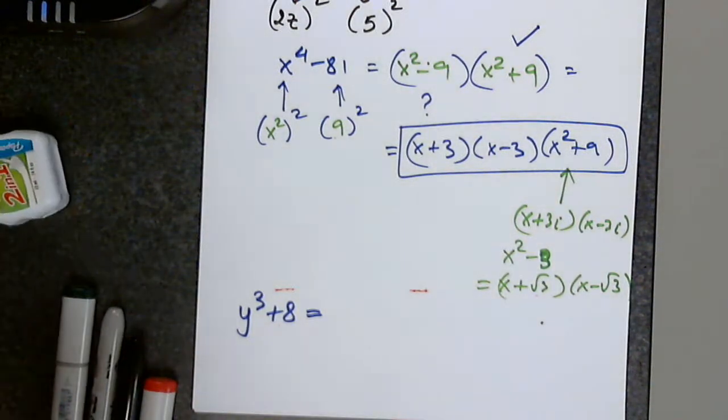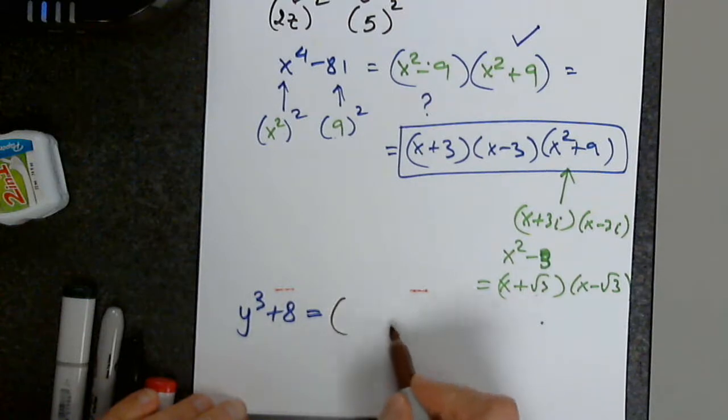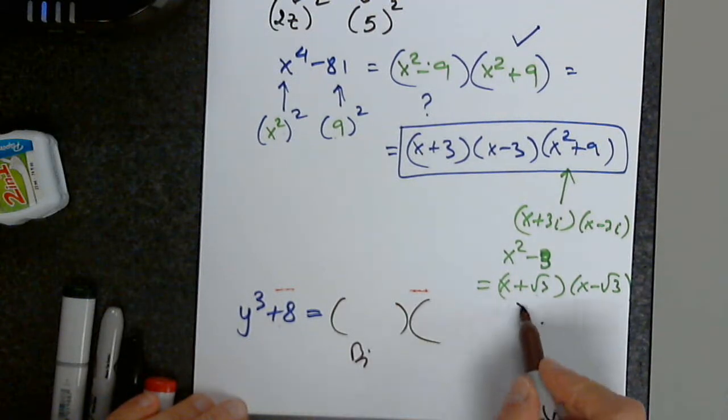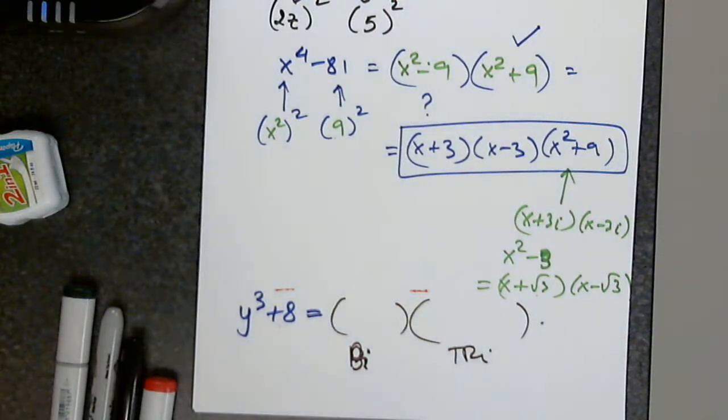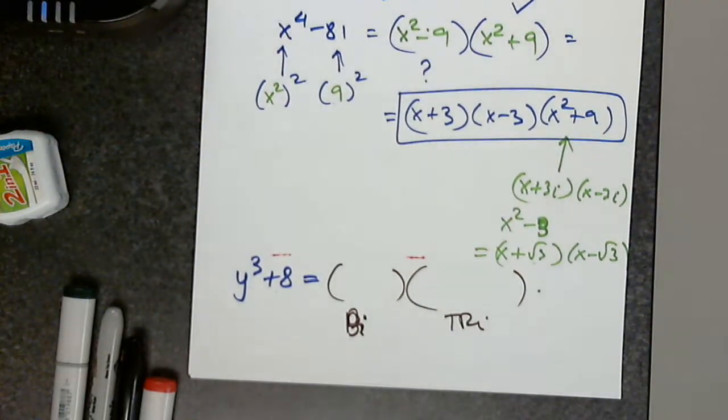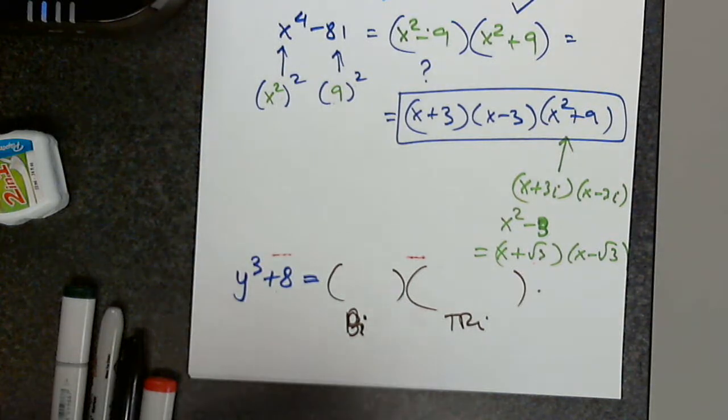If you say yes, then we'll have to get ready a binomial times a trinomial. Will you say yes to the sum of cubes? Yes, you will say yes to the sum of cubes. Now we have to identify a and b. What do I cube to get y cubed?